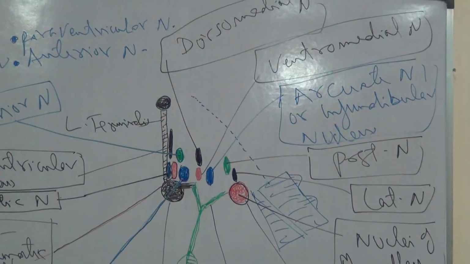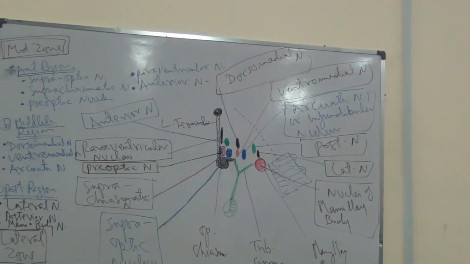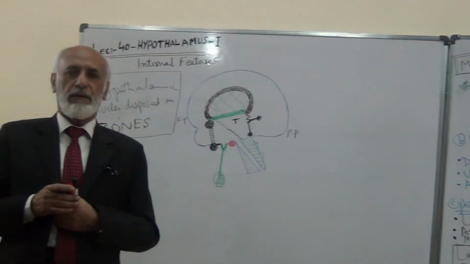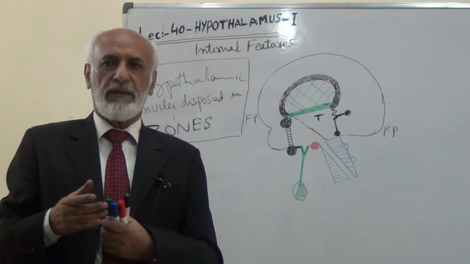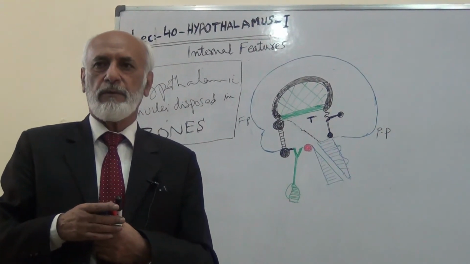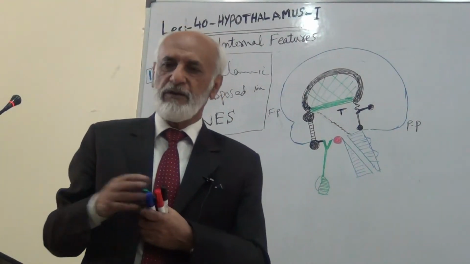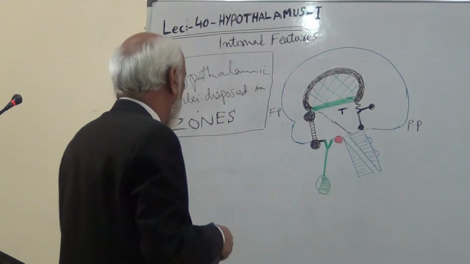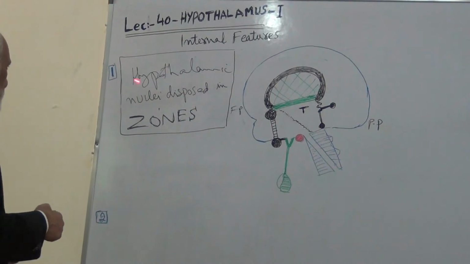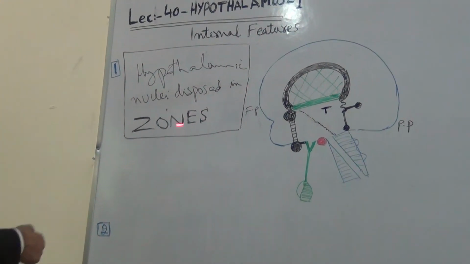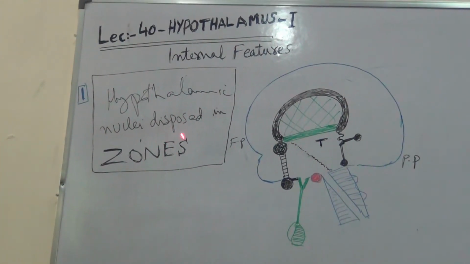Now I have divided the hypothalamic nuclei in rows, which are simple and easy for you to remember these nuclei. So one way of classification of the hypothalamic nuclei is in the form of zones.